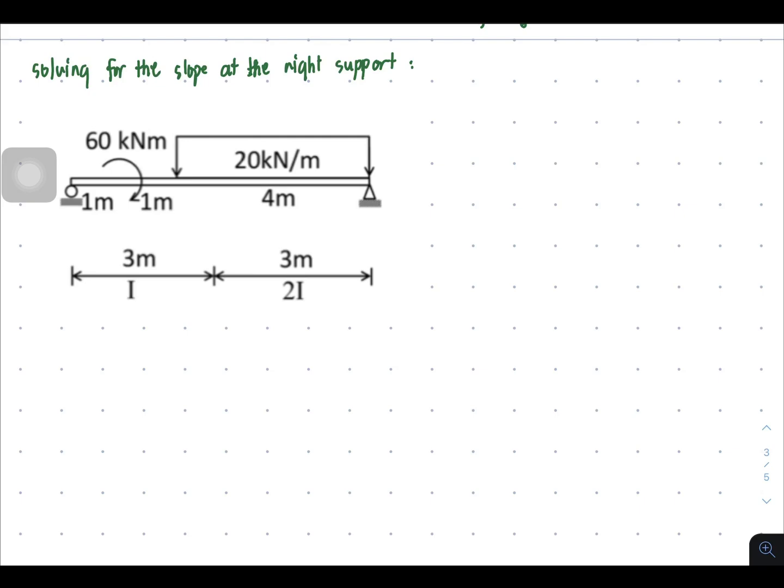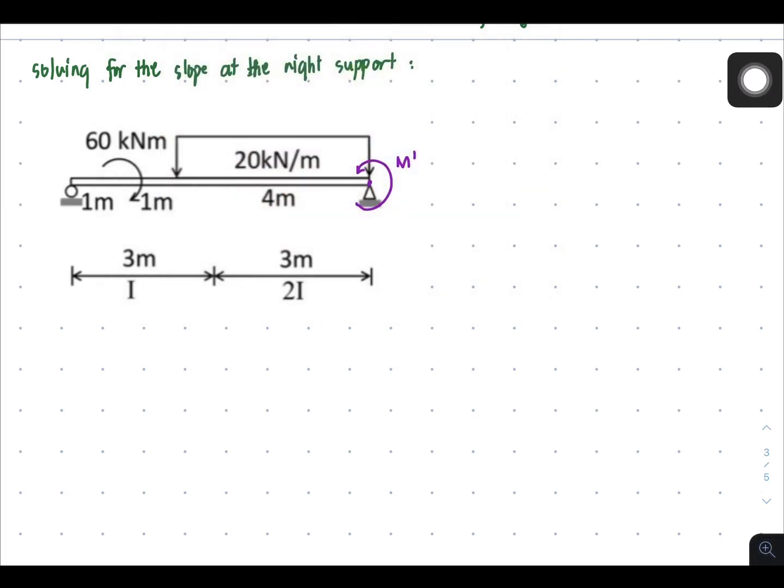So instead, I will now be placing the load to which slope is being asked. Here, we are asked to solve for the slope at the right support. So this is the point of the right support, and I will be placing here the rotational moment m prime in the direction of my assumption. That's my assumption. So whenever slope is being asked, do not apply P force. Instead, it's going to be a rotational moment m prime.